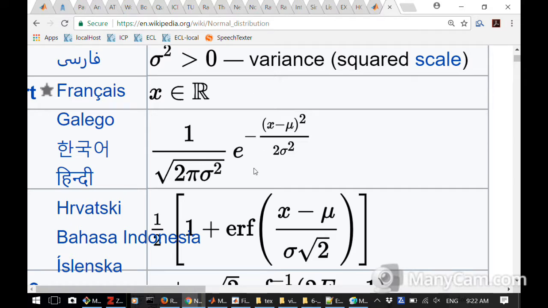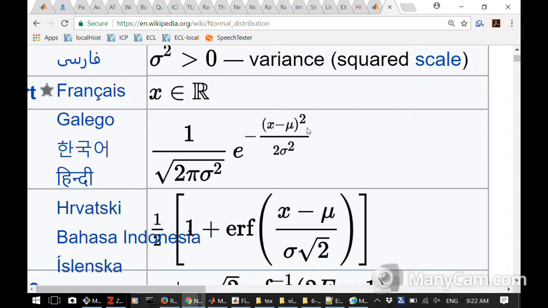So now, let me ask you this. Let's say the mean is 0 and the standard deviation is 1 in this equation. What would be the probability of getting a value of 100? Just tell me if it's big or small. So the mean is 0, sigma is 1. What is the probability of getting a value x of 100?